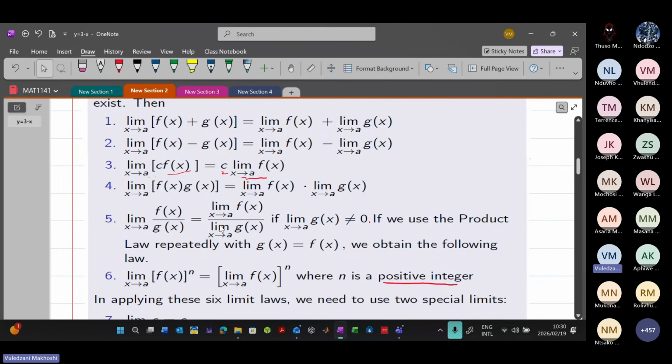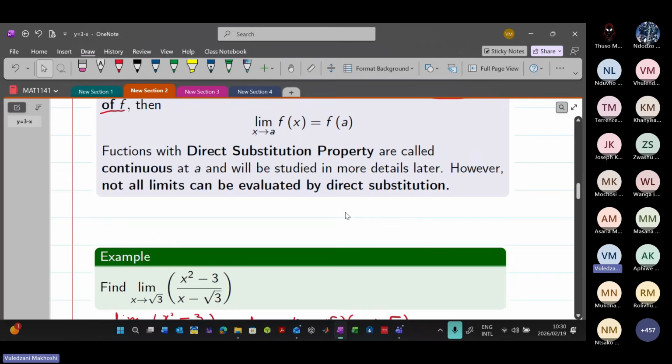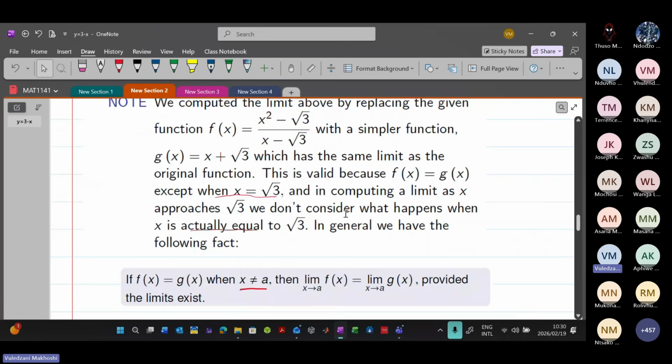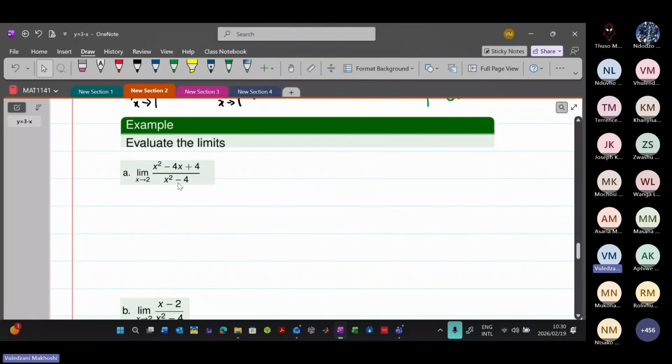So before we do this, we must be sure that the limit of the denominator is not vanishing, that it is not equal to 0. In this case, we observe that the limit of x squared minus 4 is 0. So we don't do it that way. So how do we do that?